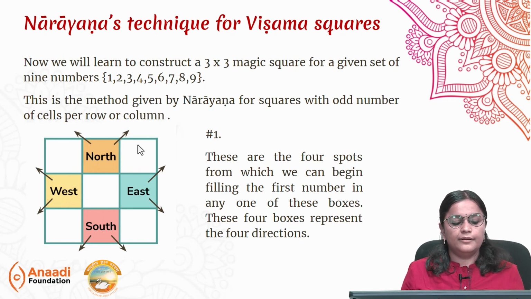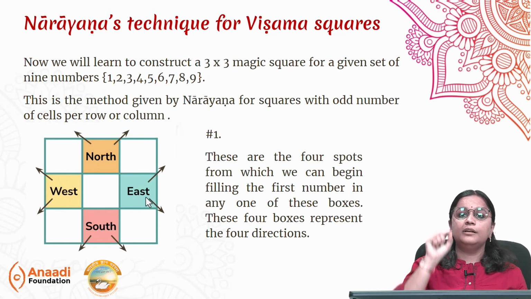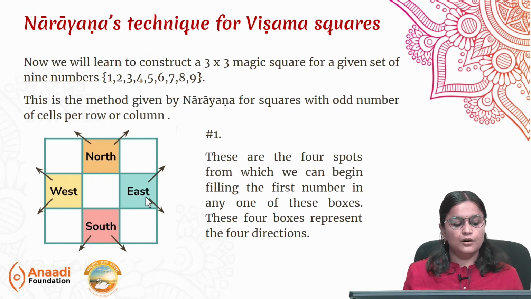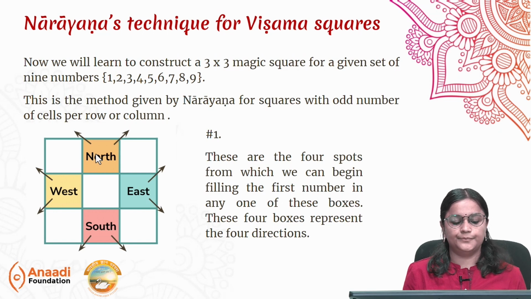First, in our 3 cross 3 square, we mark the north, south, east and west. So, we mark these directions, the cardinal directions in the 4 squares like so. These 4 boxes represent 4 directions and will be very important in our subsequent steps.